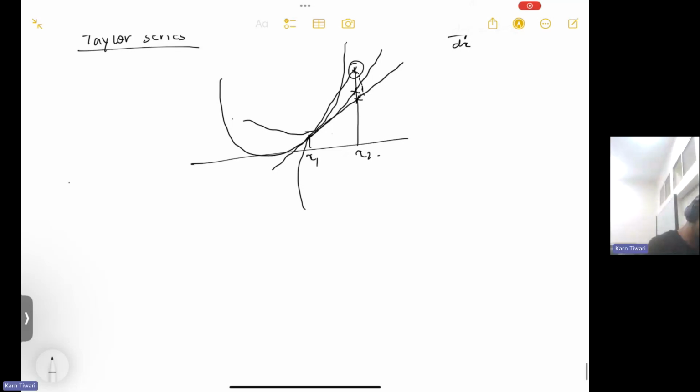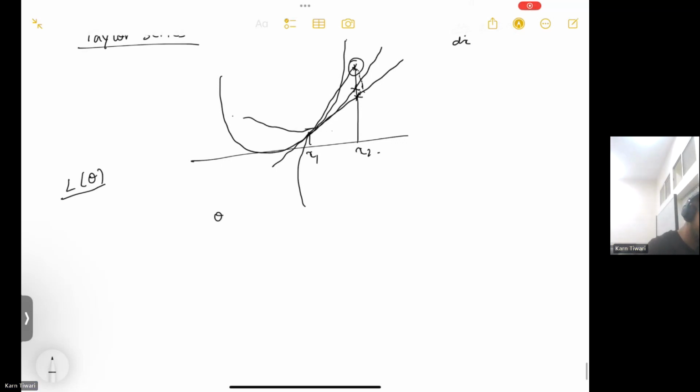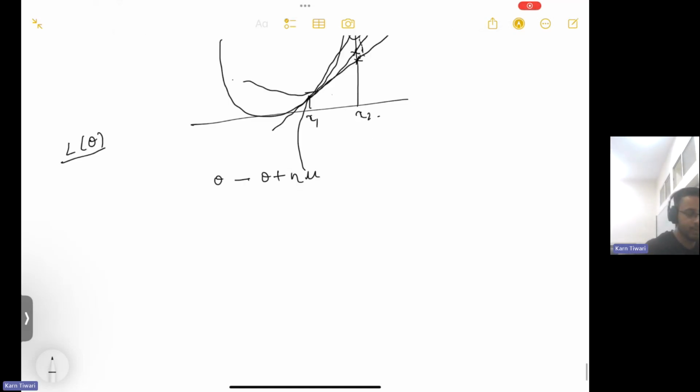Basically we have a loss function which depends upon theta. It's a function which takes the argument theta. Now I want to update my theta to theta plus eta u, where u is the direction in which I want to go.